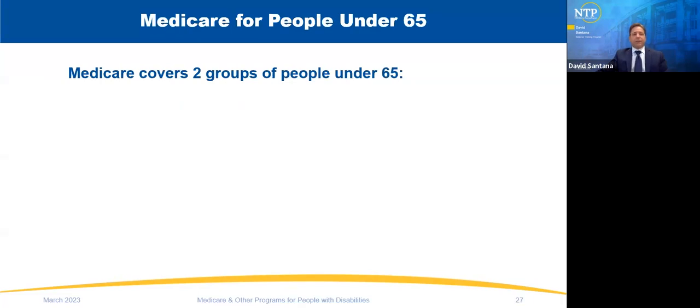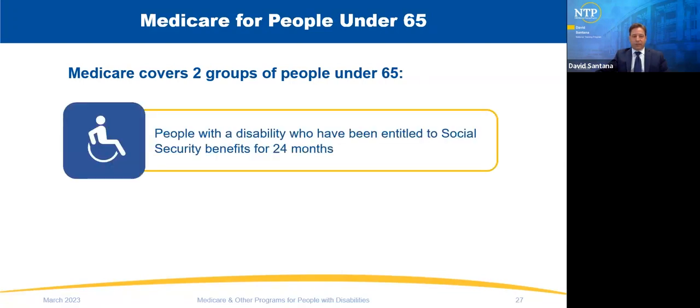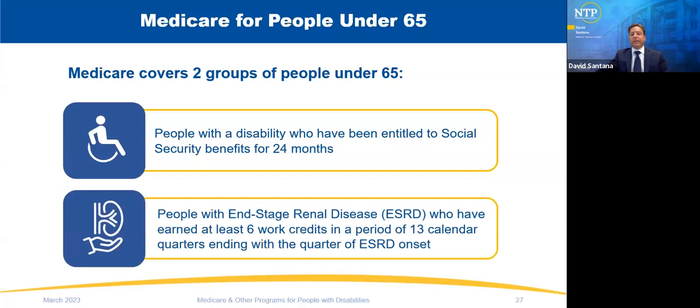So Medicare for people under 65 mainly covers 2 groups of individuals. Probably the vast majority of you are familiar with those individuals who qualify for Medicare because they qualify for Social Security disability benefits.